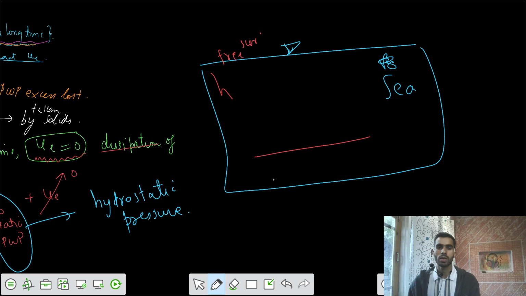What is the total stress? What is the pressure at that point? The pressure at this location is equal to gamma w into h. That's hydrostatic pressure.